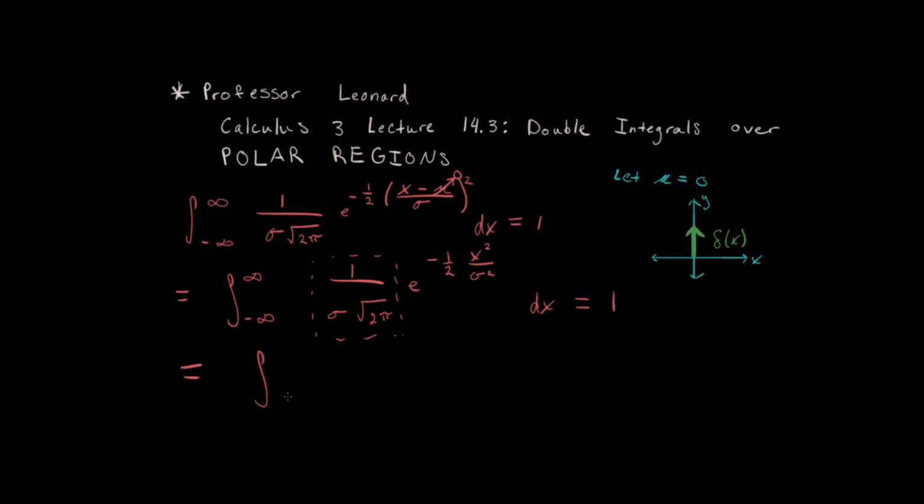So let's do that. So that would be 1 over sigma square root of 2 pi times the integral from minus infinity to infinity of e to the minus 1/2 x squared over sigma squared dx. And we're still going to say this is equal to 1.